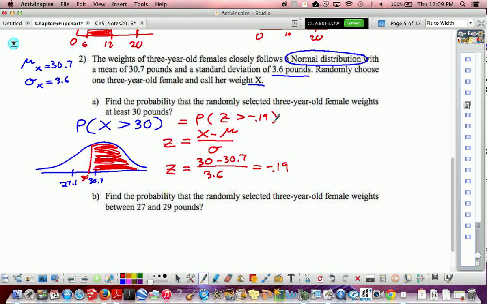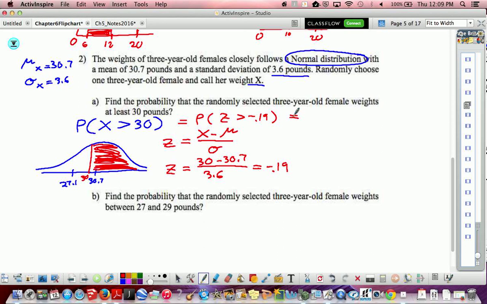We can use table A, but many of you like to use the calculator. Do you remember what function we use in the calculator to get this value? Well, what type of distribution do I have?